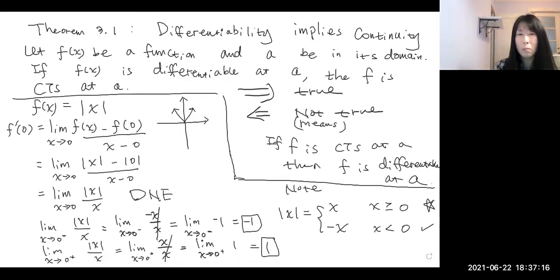Okay. It's continuous everywhere, the absolute value of x, but not differentiable at x equal to 0, because we just showed that, all right? By just looking at this graph here, what's the slope of this one?